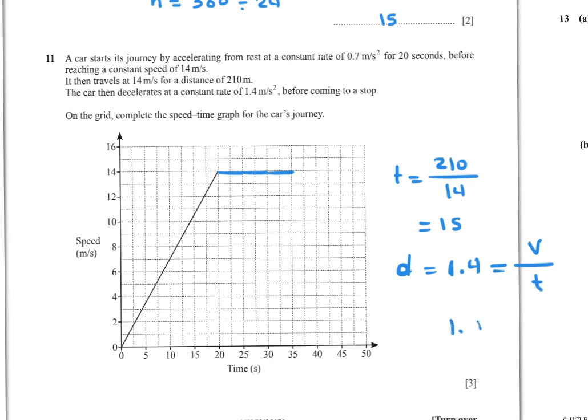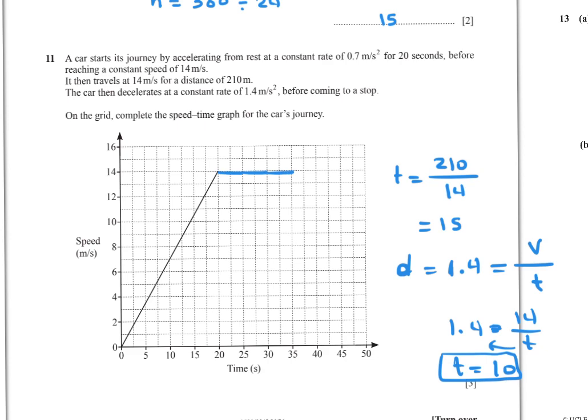So 1.4 equals 14 over t. Now you can find t, which is 14 divided by 1.4. So t equals 10. So the car took 10 seconds for the speed to be 0.